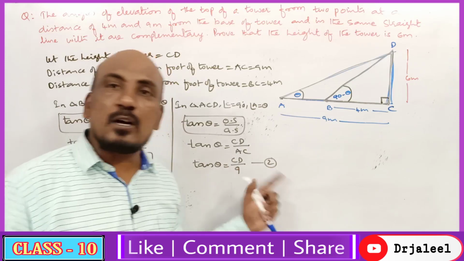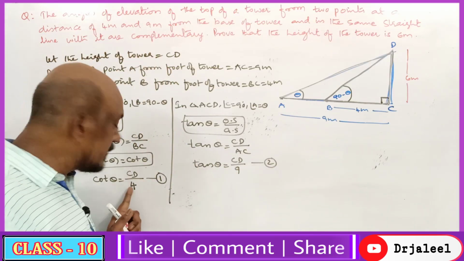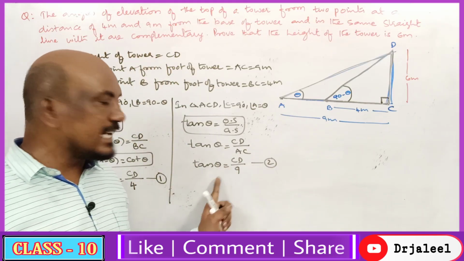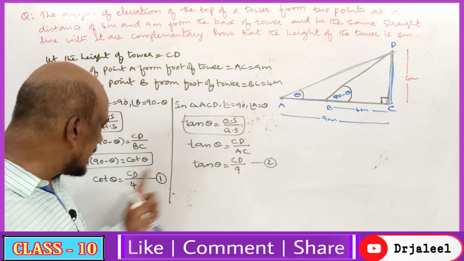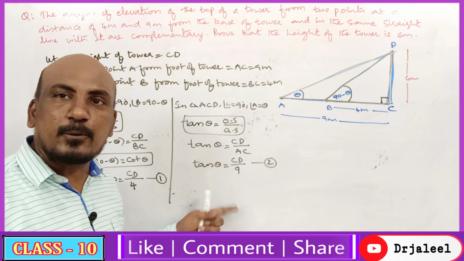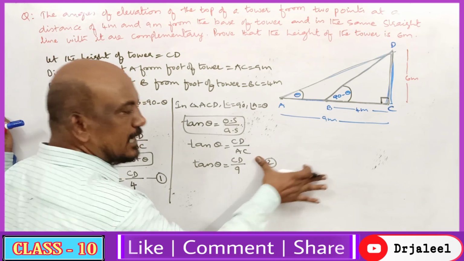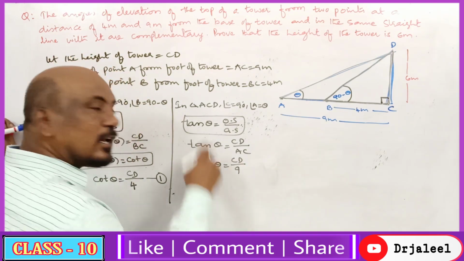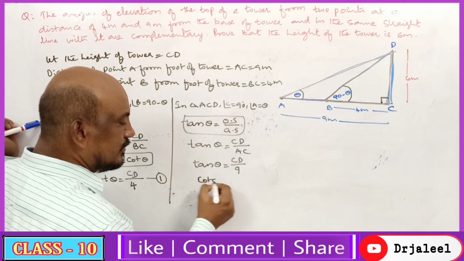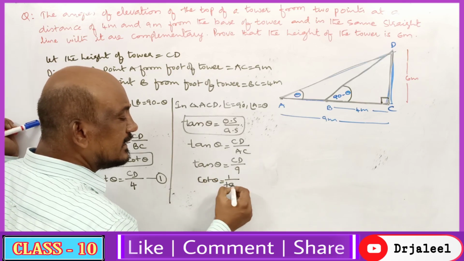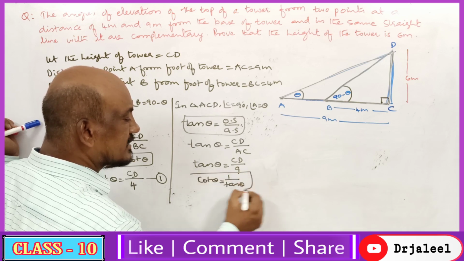When we observe both the equations, cot theta is equal to CD by 4 and tan theta is equal to CD by 9. So what is the relation between cot and tan? They both are reciprocals. So I will not conclude it here, I will convert this also into cot. So cot theta is equal to 1 by tan, because both are reciprocals.